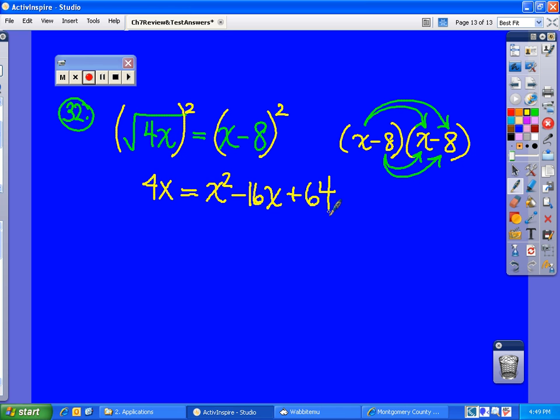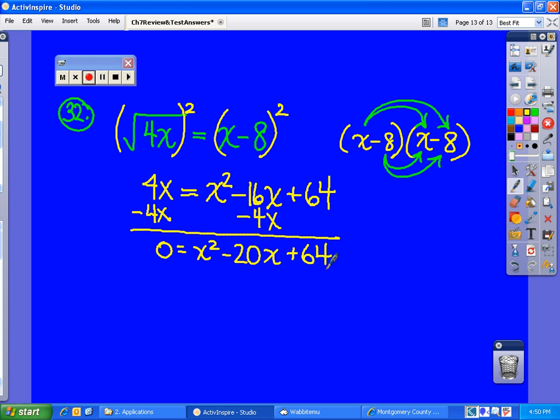In order to solve a quadratic like this, we're going to move all the terms to one side. So we'll subtract 4x from both sides. 0 equals x squared minus 20x plus 64. Now, if you can't factor, you can always use the quadratic formula.